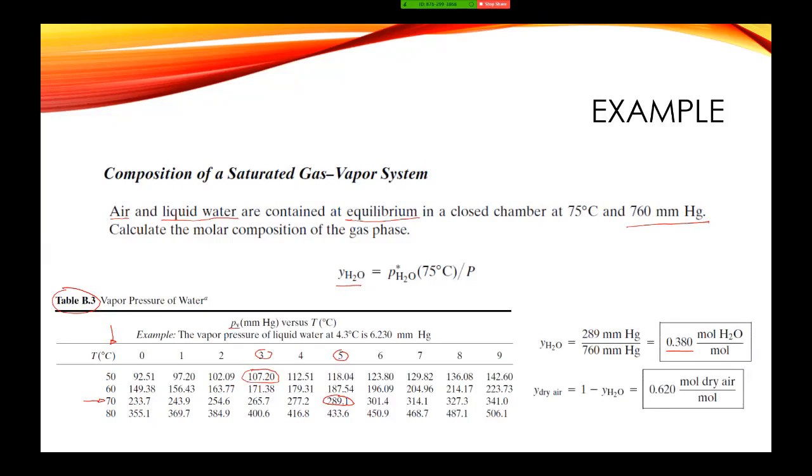That means the molar fraction of dry air, which we treat as one component even though it's composed of oxygen and nitrogen, will be 1 minus the molar fraction of water, which gives 0.62 molar fraction of dry air. So, any questions on this particular example?